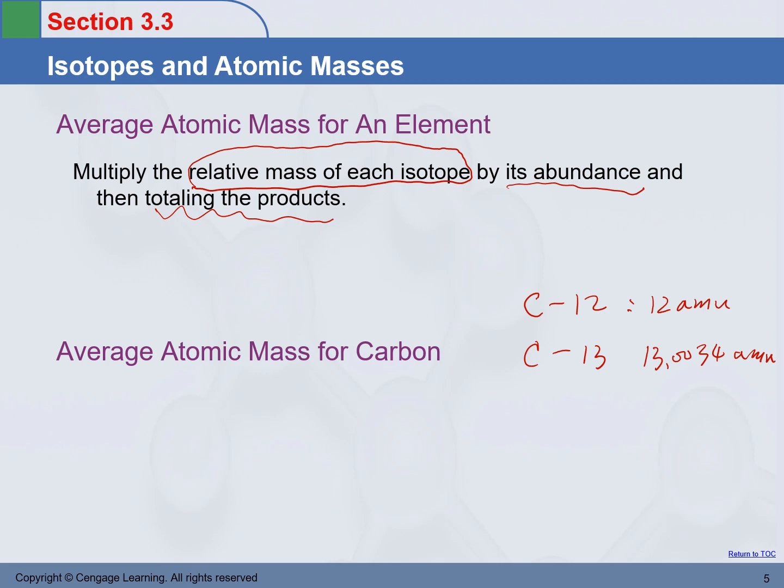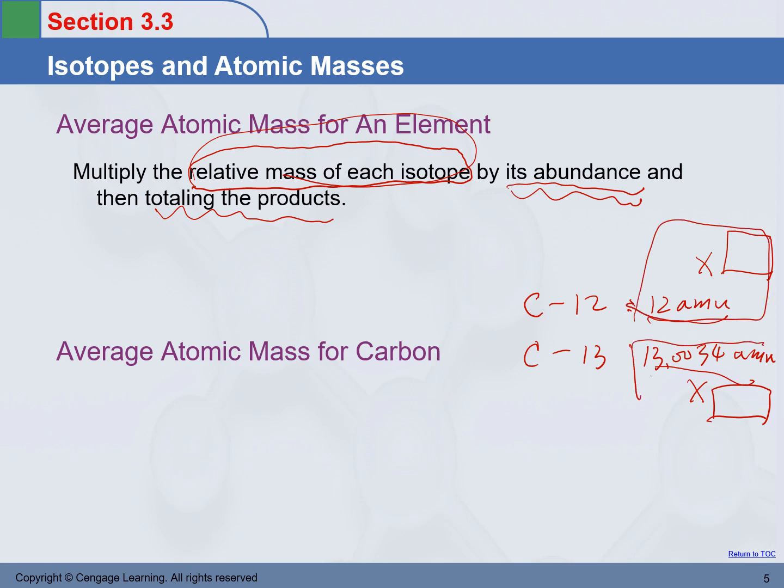You have to use the relative mass of each isotope and multiply it by its abundance. The abundance of carbon-12, whatever it is, I don't remember. The abundance of carbon-13, whatever it is, I don't remember. You have to do this. Once you do this, you add this product and this product together.